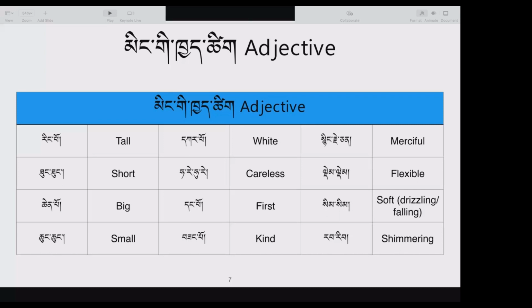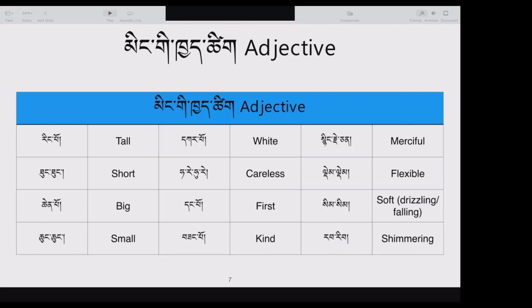So Ningjichen is merciful. And sometimes there are also names. For example, Semjin. Semjin means sentient or living or animals, which are naming words, and not adjective. But sometimes they are also adjective. When we say Minjingjian, which means a merciful person.